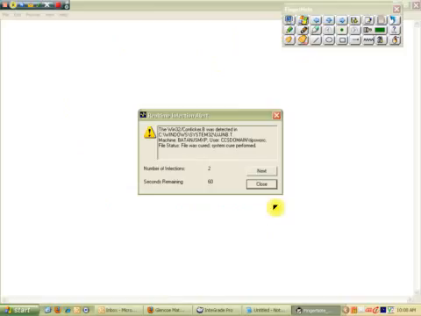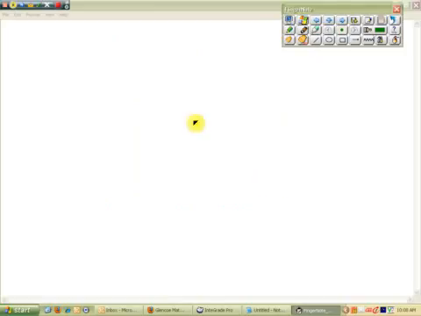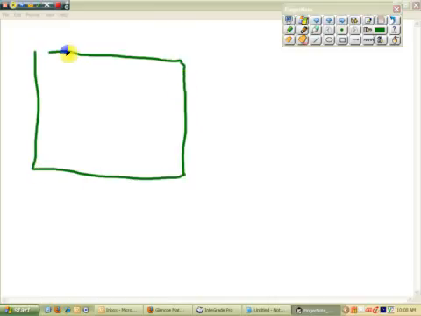Number 17 is a problem. Almost everybody got 90, and the reason is this. D, E, F is here, and G is here. And they're asking you for what the measurement of angle DEG is.